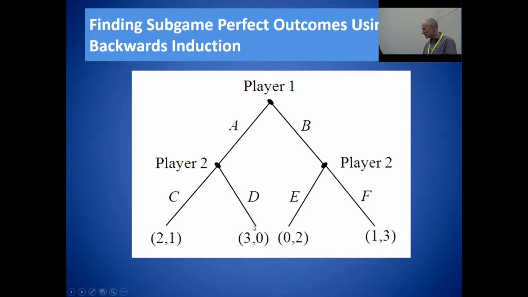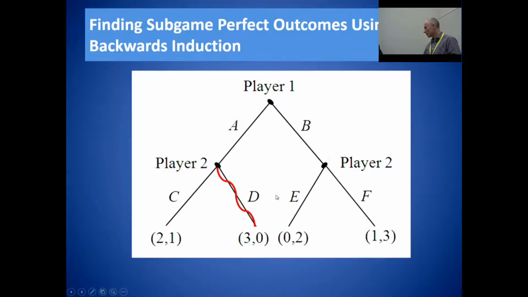If he chooses D, he gets a payoff of 0. And hence, we can exclude D as a viable option. In that subgame, player 2 would never choose to play D. So we remove it, that squiggle there denotes that I'm removing it as a viable option.